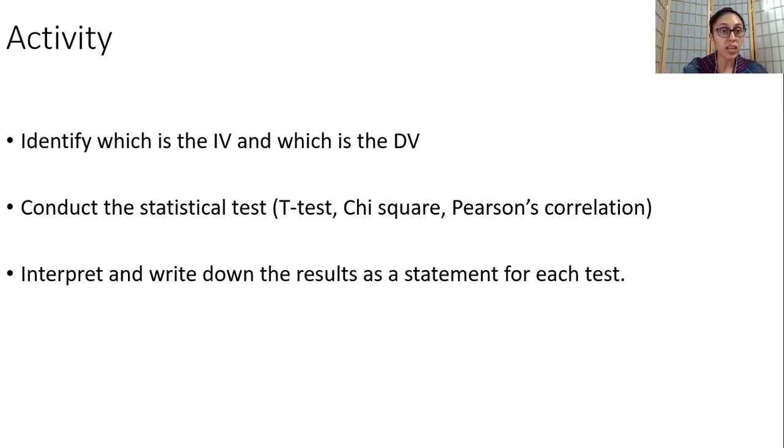Please try writing down the results as well, because then you will understand how you frame your words. Are you leaning towards using cause, or are you using the right terms such as association or correlation? Yes, guys, that's it.